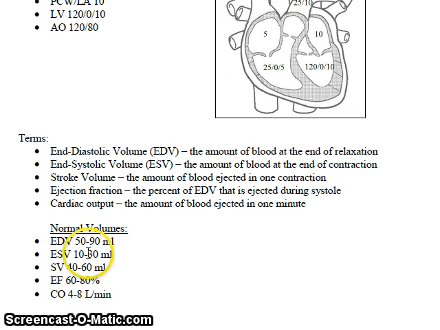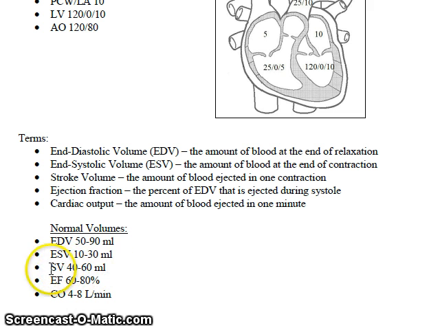What this means is not all the blood that's in there goes out during a contraction. So 50 to 90 is in there when the ventricle is full, and at end systolic, when the ventricle contracts, there's still 10 to 30 ml of blood in that left ventricle.